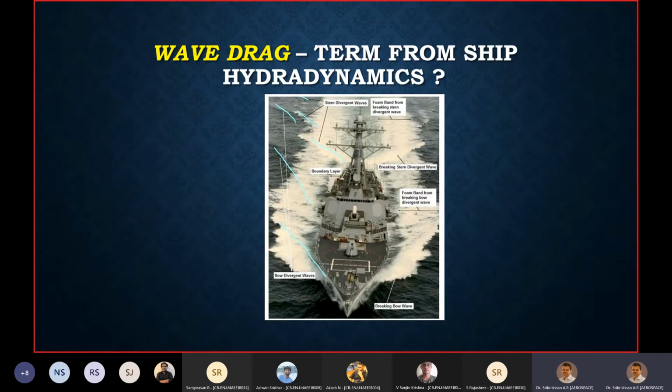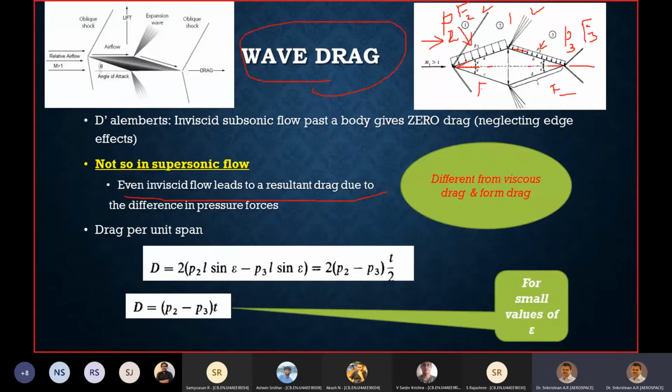The terminology wave drag comes from hydrodynamics. Anyway, we are not concerned about it. There the physics is slightly different, but we are coming back to what we are talking about here.